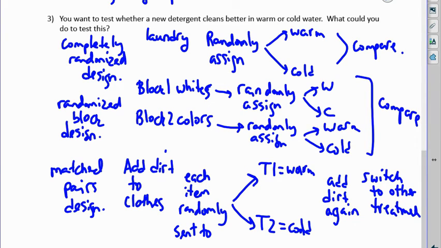And then once you've done that, you compare your results. Compare for each item, each pair of pants or each shirt, and then you could see. That would be the highest level of control, because you've now controlled it even for the type of actual clothing it is.